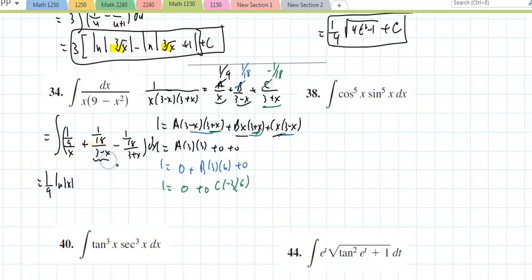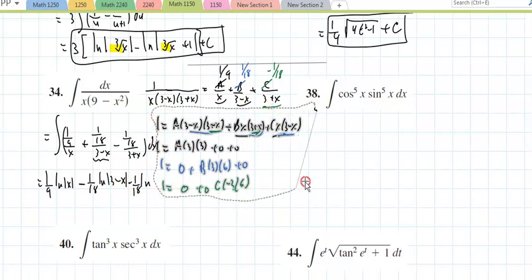This negative, if you let u equal 3 minus x, du will be negative dx, so that's minus 1/18 natural log of 3 minus x minus 1/18 natural log, and I'm going to shrink this and shift it a bit to the left, to the right, the other left.